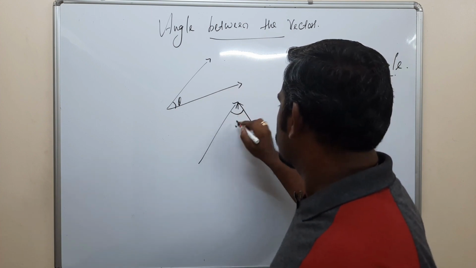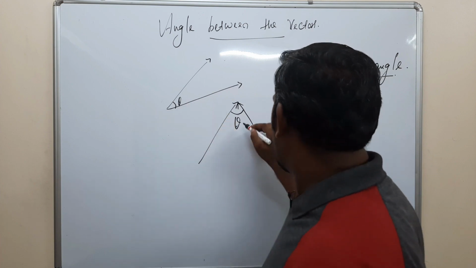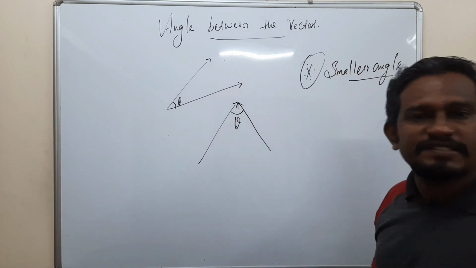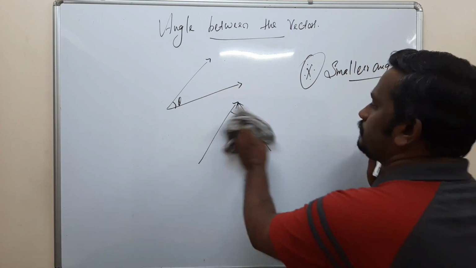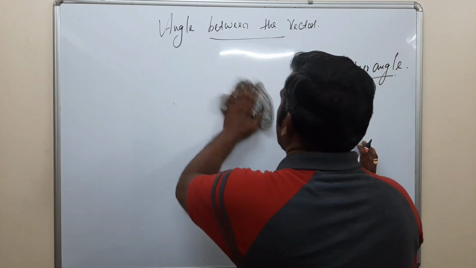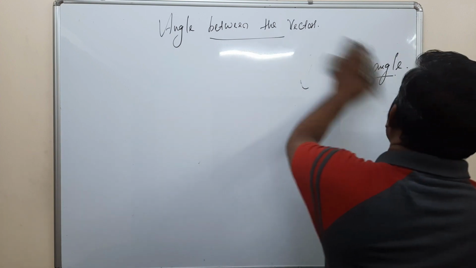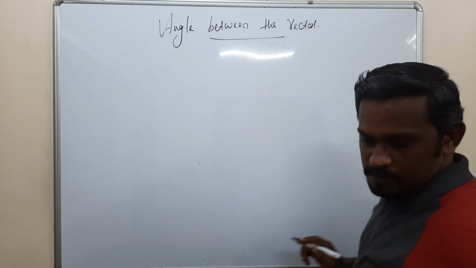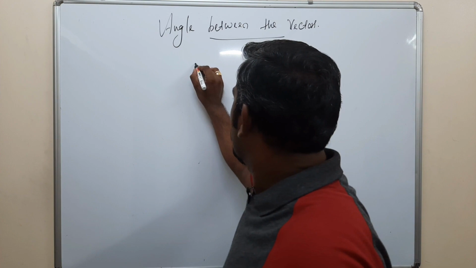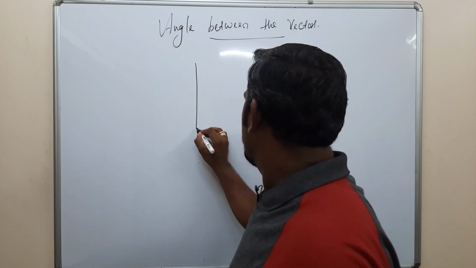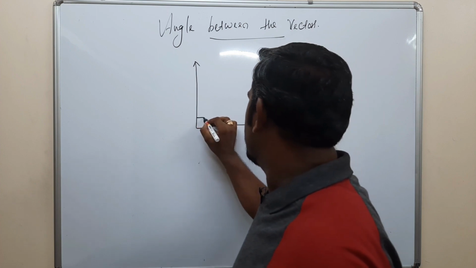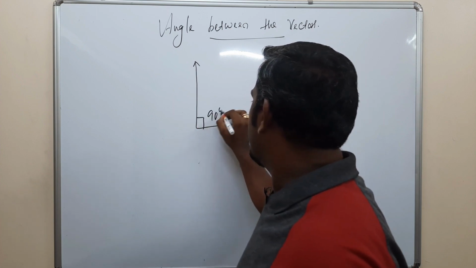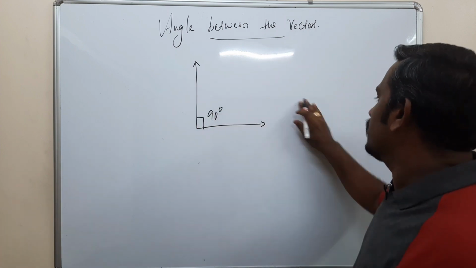So the angle between the tails or angle between the heads we can consider as the angle between the two vectors. What is the angle between the vectors? That is 90 degree. Okay, 90 degree.